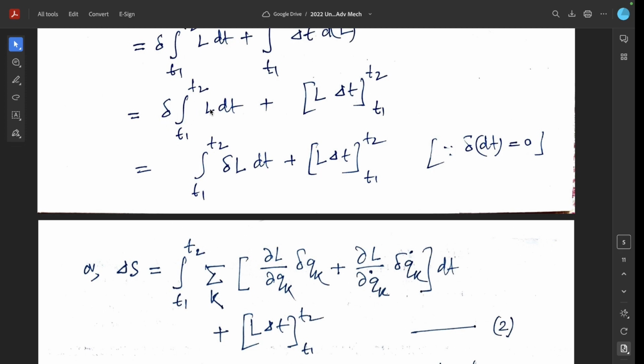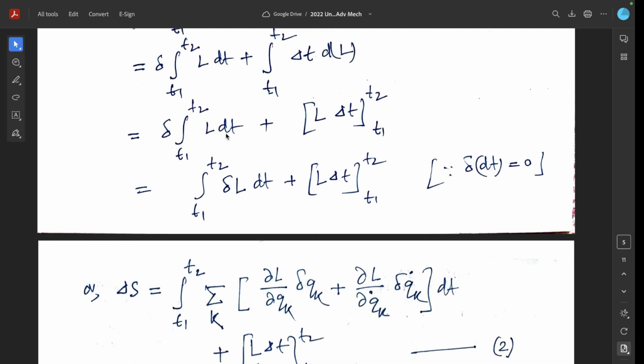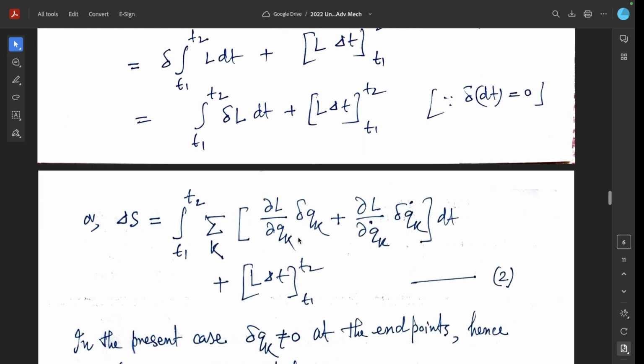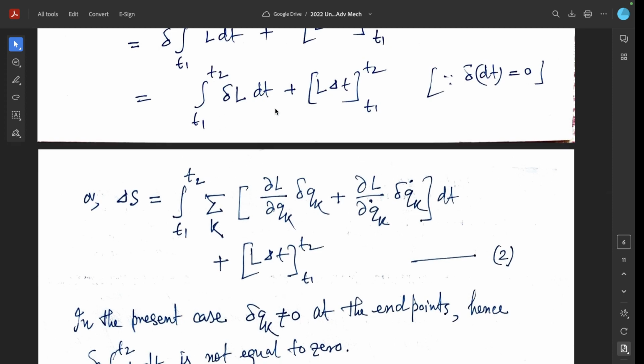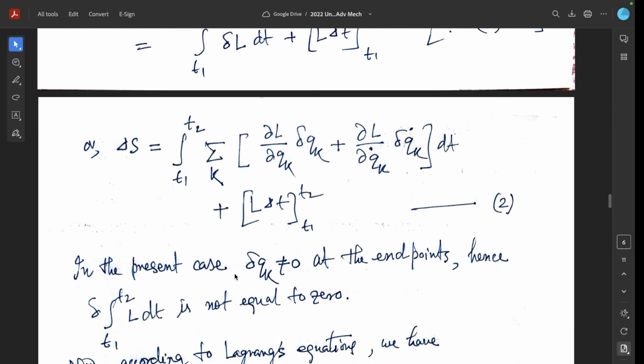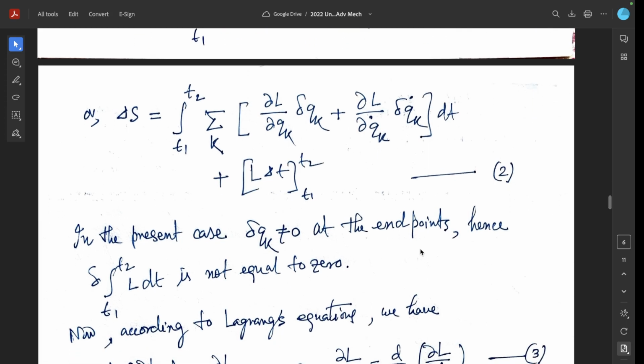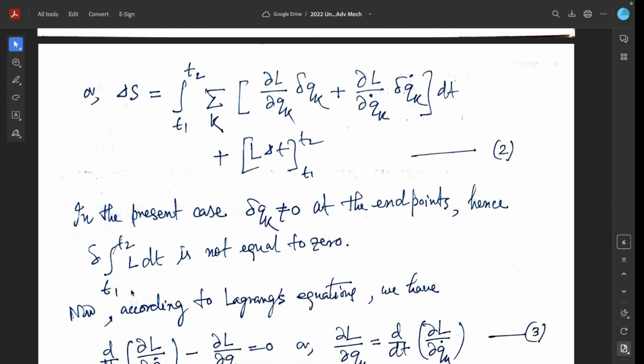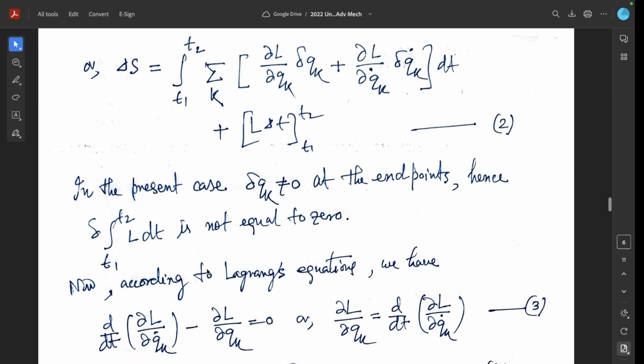So we can write Δ∫ L dt equal to ∫ ΔL dt, because Δ(dt) = 0. So ΔS equals ∫ from t1 to t2 of Σ_k, and this δL we can write as ∂L/∂q_k δq_k plus ∂L/∂q̇_k δq̇_k, into dt, plus L Δt between the limits t1 to t2. In the present case, δq_k is not equal to 0 at the endpoints, hence Δ∫ L dt is not equal to 0.